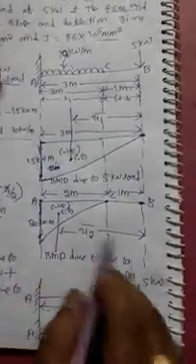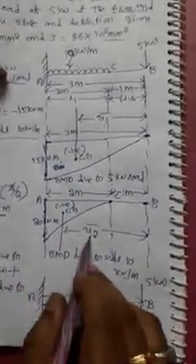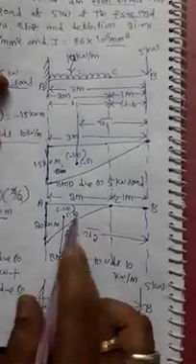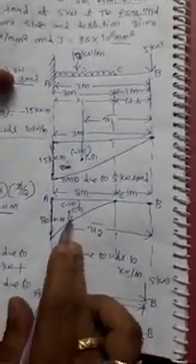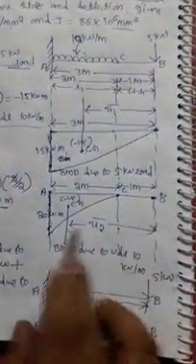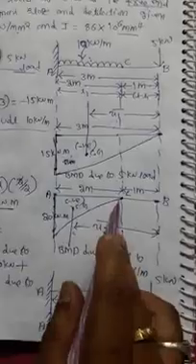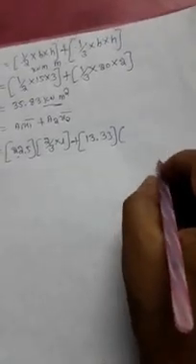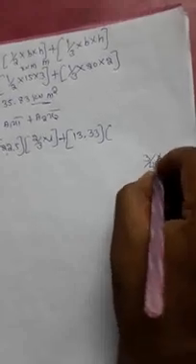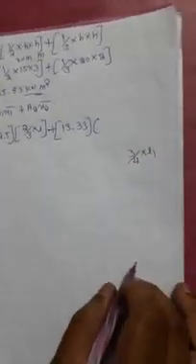And X2 bar is the center of gravity from B. For the parabolic shape, the formula gives the center of gravity point from C only, which is 3 by 4 into L1.